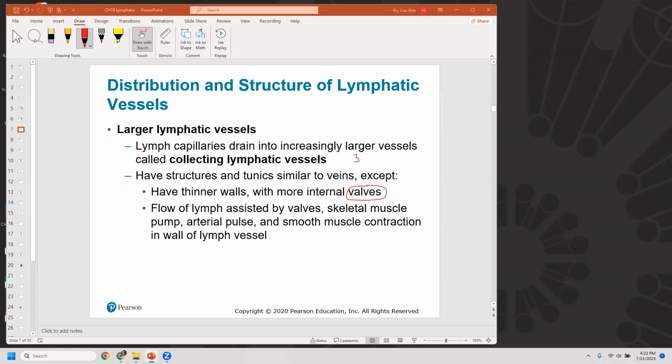Isn't it like three different things? Yes, ma'am. What are they? One of them is skeletal muscle contraction. Yep, that's one. You're on a roll. Give me the other two. Or anyone else can.